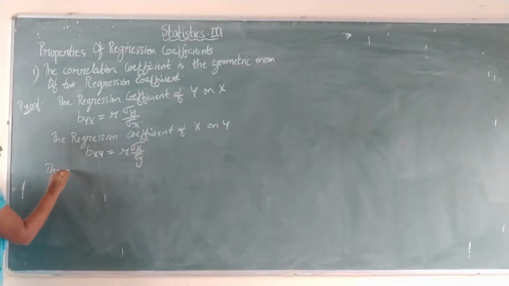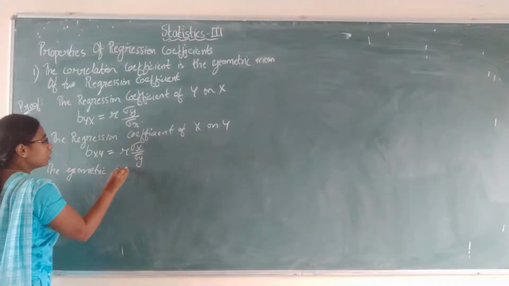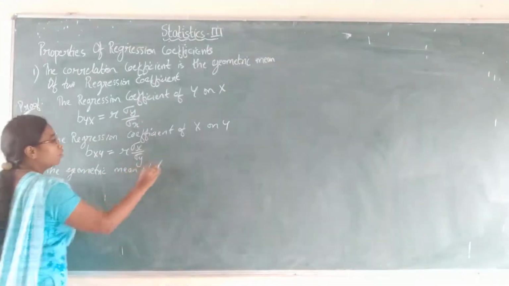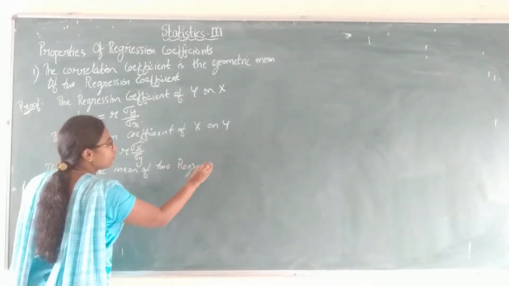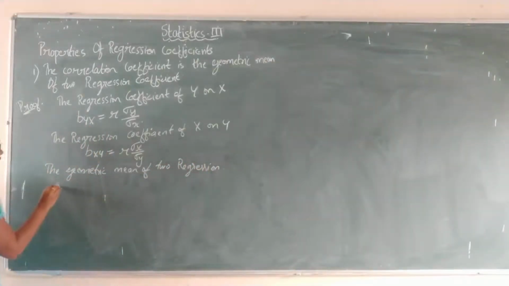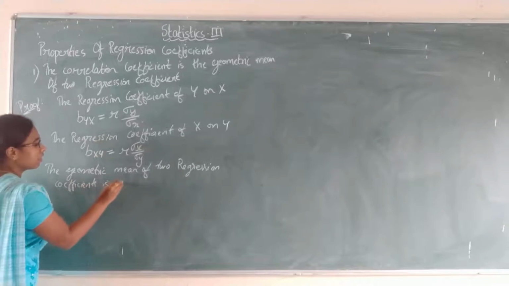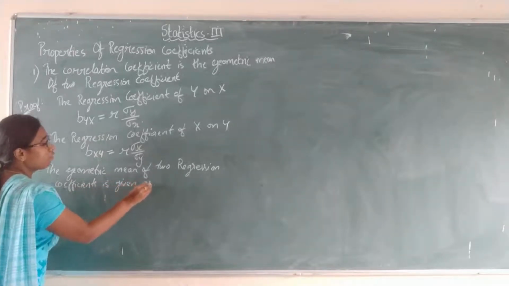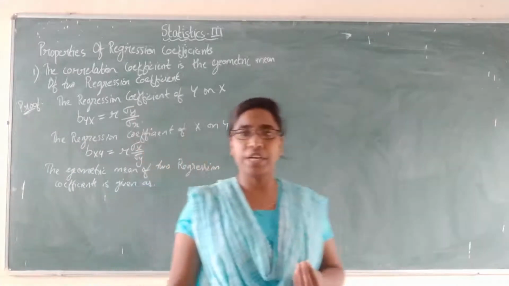Now the geometric mean of two regression coefficients is given as, so how do we write the geometric mean? Under root of the product of the variables.